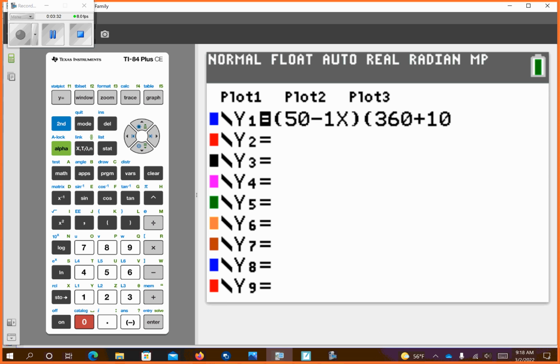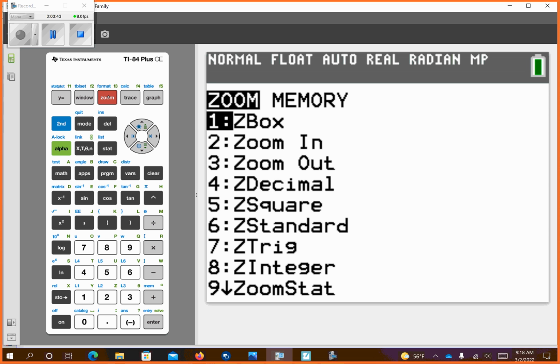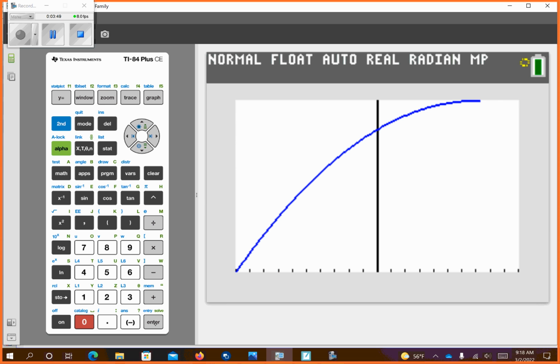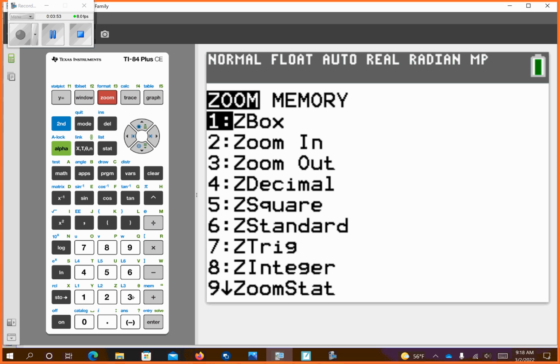The hard thing about the graphing calculator, unless you know some of the commands, is that we can use Desmos obviously. If I do a zoom fit, which is zoom 0, that's going to give us a good amount of information. Once I have that, then I can zoom out a little bit.